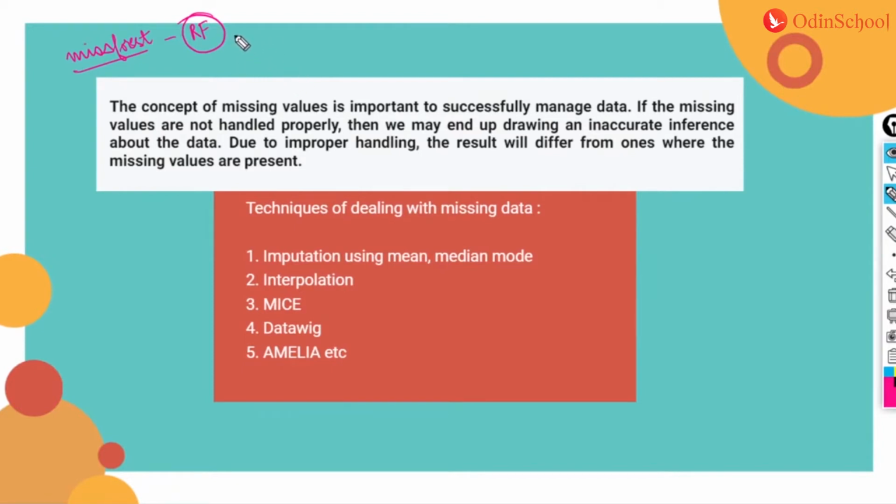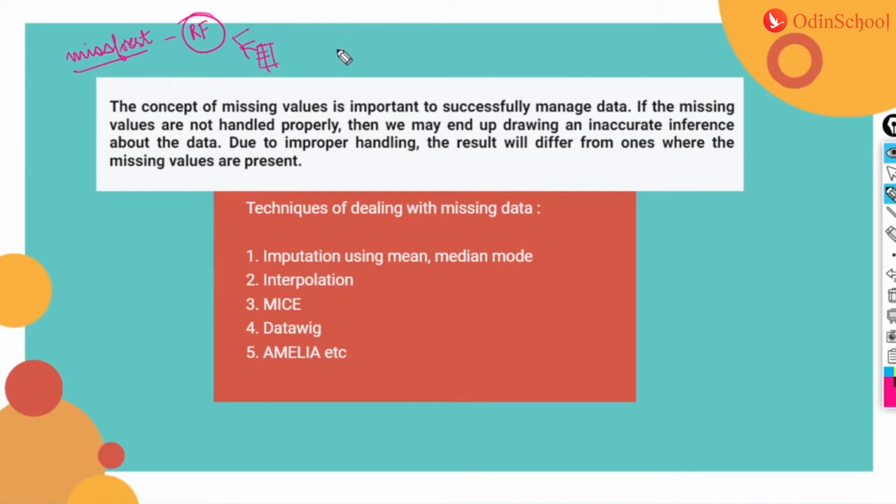What it does is it builds a random forest model for each element. So each and every element would have a random forest model. Then it uses this model to predict missing values with the help of observed values.